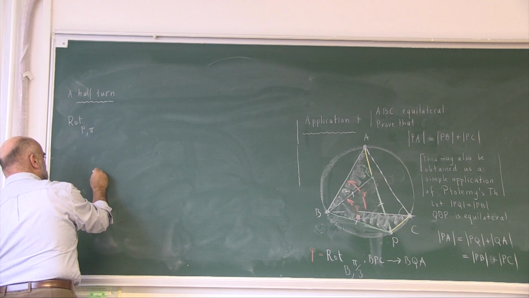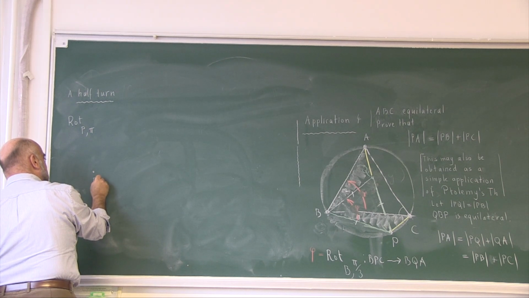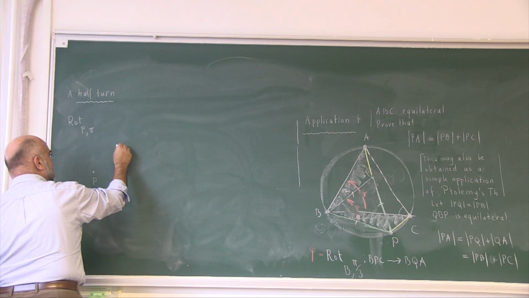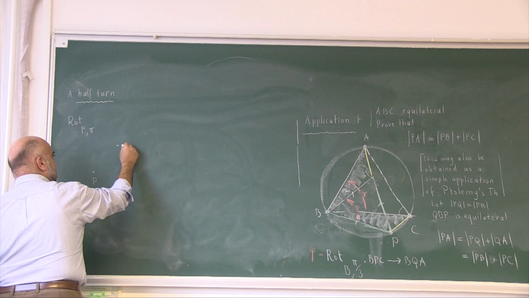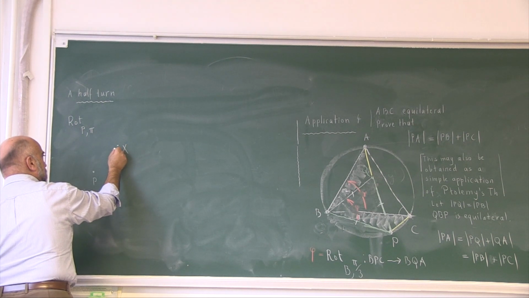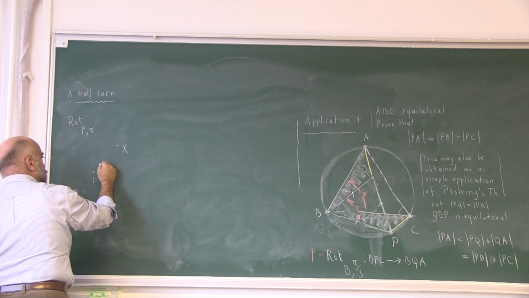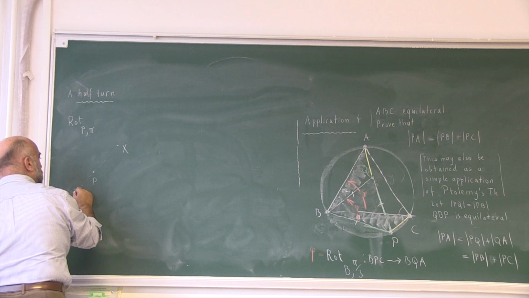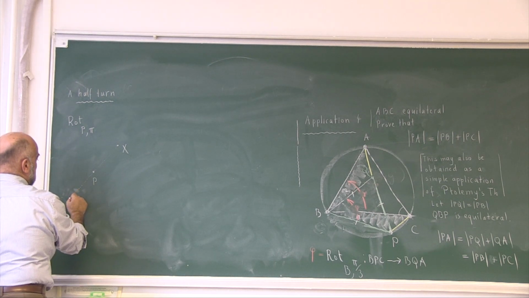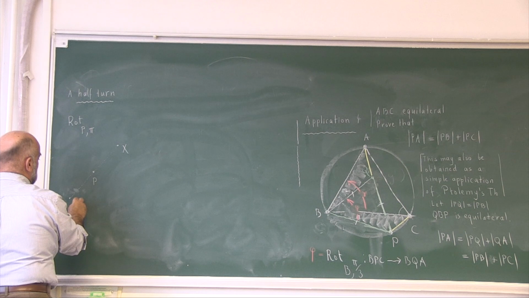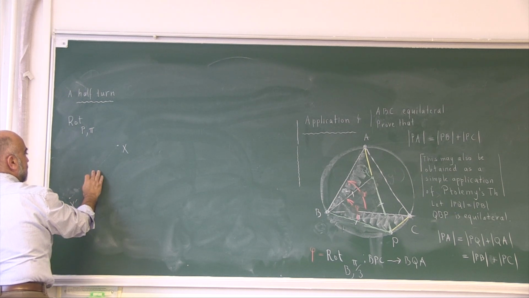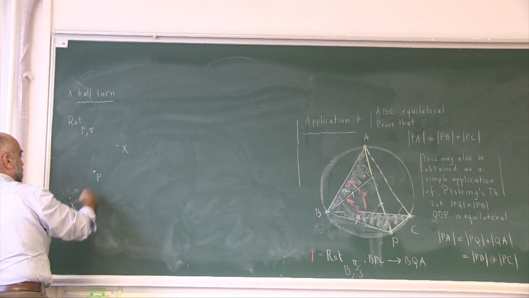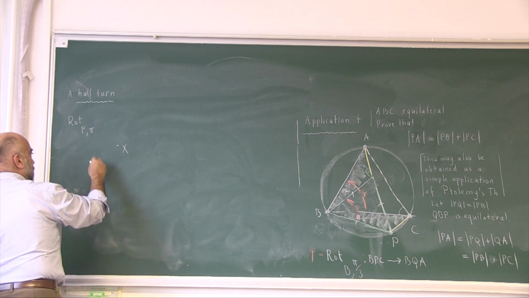You have one point P, which is fixed, and apart from P, if you take any point X, then the image of that point is simply obtained by joining P and X and producing it until you reach a point X prime, so that P is the midpoint of the line segment XX prime. Okay, so let me repeat that.